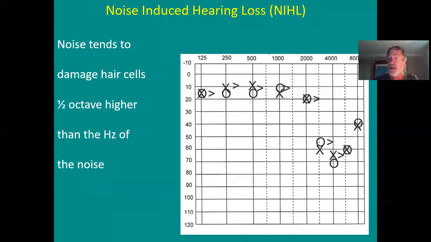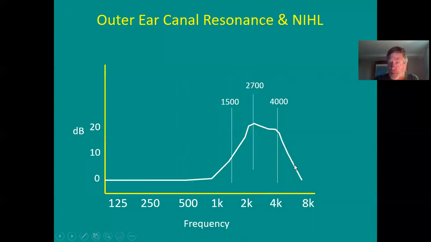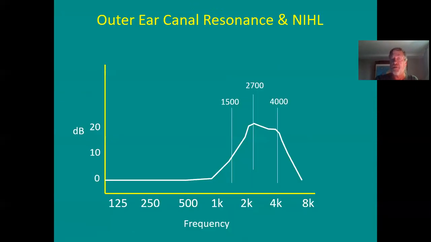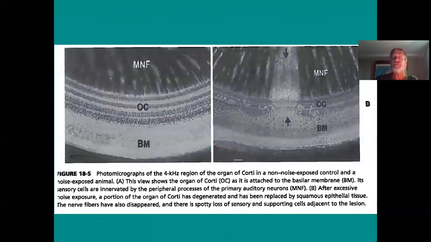Noise-induced loss. That's why 8,000 hertz hearing levels get better than 4,000, and it's because this drops over there. So take this, shift it to the right a half an octave, flip it upside down, and you get that. The shape of noise-induced loss.